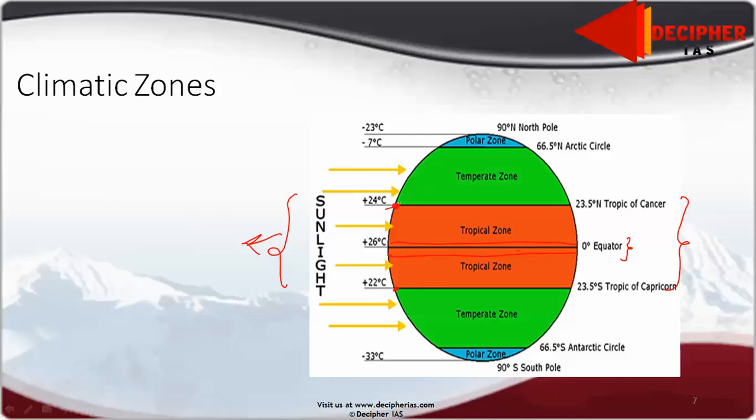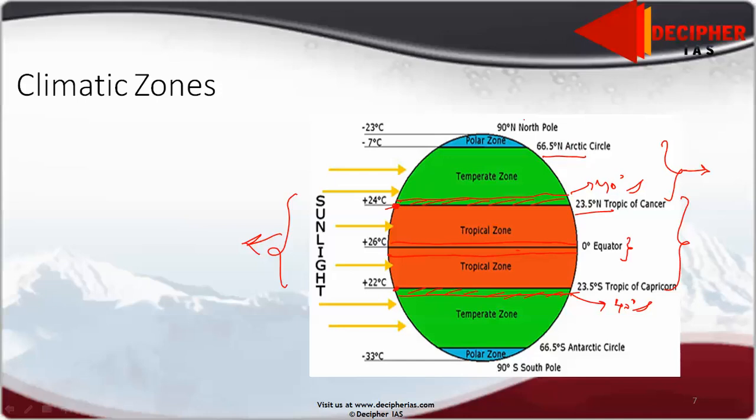If you talk about a subtropical area, it is this area. This area is between 23.5 degrees north or south till 40 degrees north or south. The temperate area is between 23.5 degrees north and south to 66.5 degrees north or south.